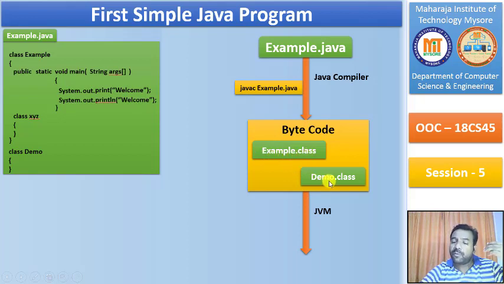Later on, if the demo class is called, the JVM will take care of calling that file also. But right now, when it wants to start the execution, it should start from the example class, because it never knew that the main method was in the example class. By default it starts with the example class because the file name is example.